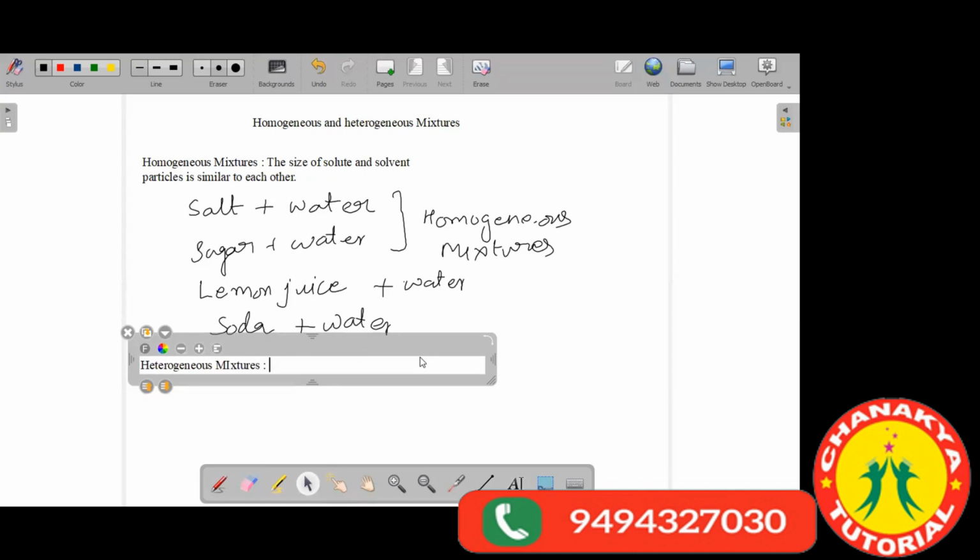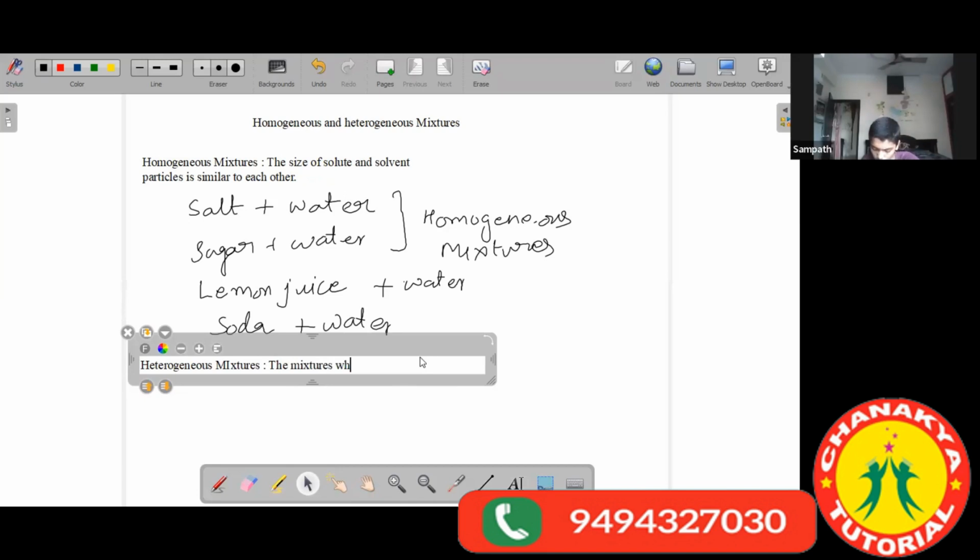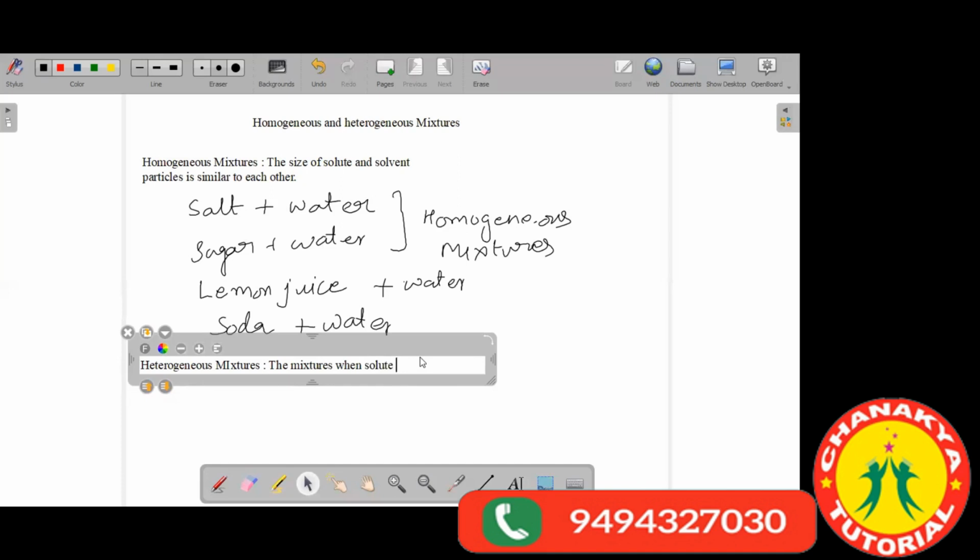So what are heterogeneous mixtures? The mixtures in which the size of the solute particles is bigger than the solvent particles, and can be easily identified.